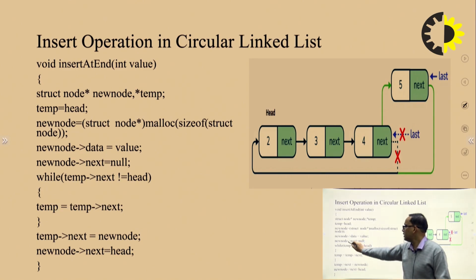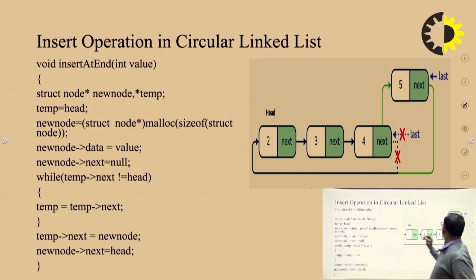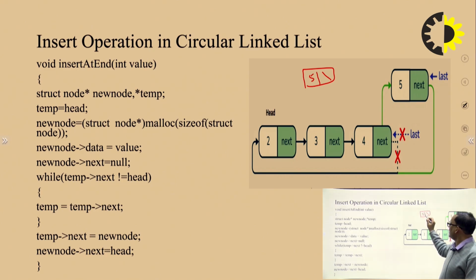In this step, new node arrow next is equal to null. It means initially the next pointer, or we can say the address field, of the new node contains null. So this node is created like this, the value 5 is assigned, and initially it contains null.